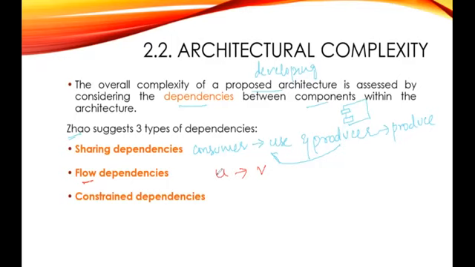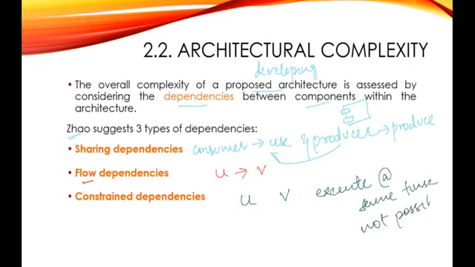If we take the example of again U and V, both components U and V cannot execute at the same time. Execution at the same time is not possible. Then there exists a constrained relationship between U and V. So this is a limitation that U and V both of them cannot execute at the same time.